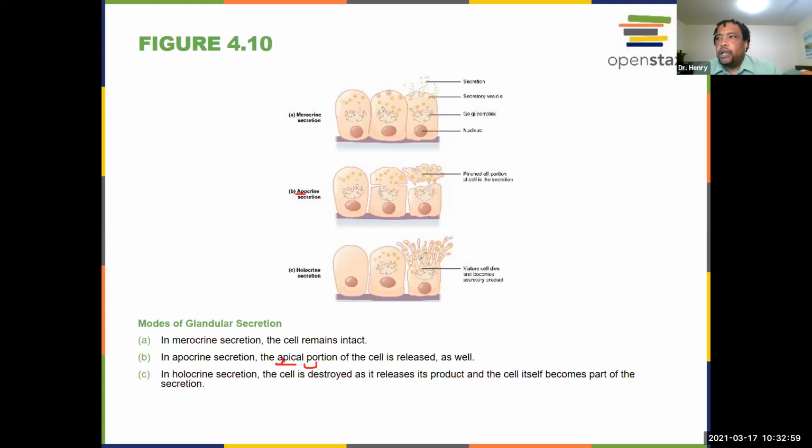This is basically cell death, and it's going to secrete everything that it possibly can. Does that make sense? So holocrine is when you get that cell death, and the cell is packaging up what it can and sending it out before it dies.